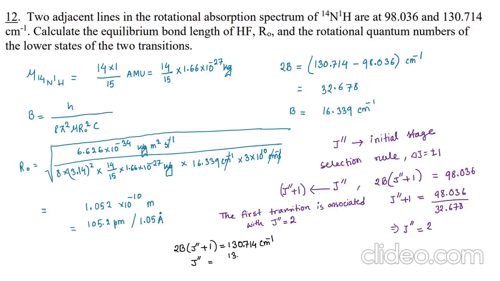It is going to be 130.714 by 32.678 minus 1, and I think it's going to be 3, I guess, but let us calculate once. 130.714, and it is actually coming as 3.